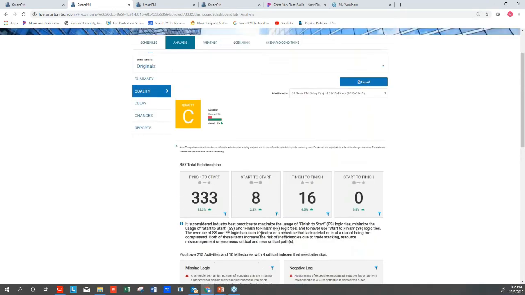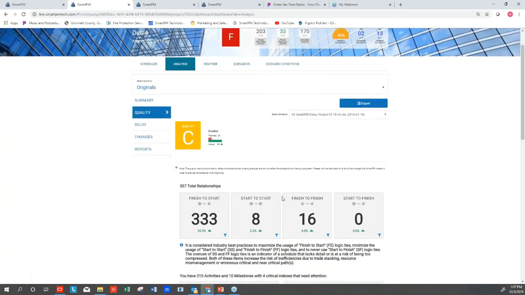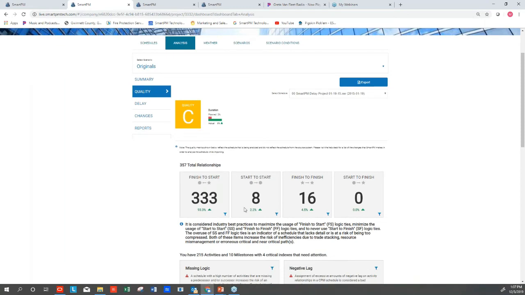So schedule quality is something that's very important. I think that this program that we've created makes it very simple. Again, it is something that you can customize. For example, if somebody doesn't care about start to start or finish to finish ties or the frequency thereof, then you can say in the program, don't ding my score for having up to 100% of my activities start to start or finish to finish.